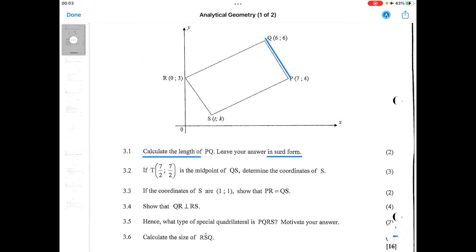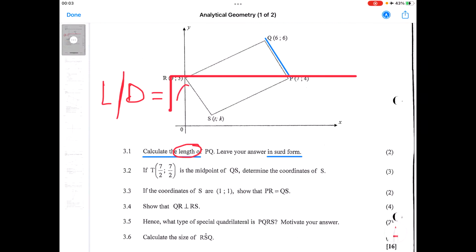What you need to remember, honorable members, let me quickly use a different color for that one. What you need to remember is that when it comes to the length in mathematics, length or the distance, we use that formula that we know, which says a square root of, what is it?